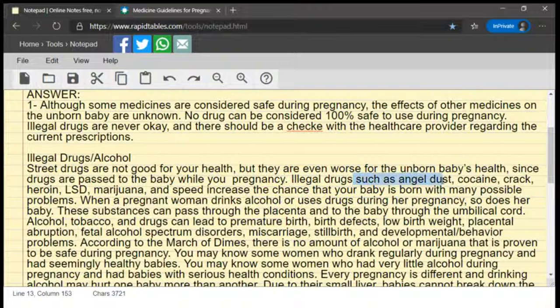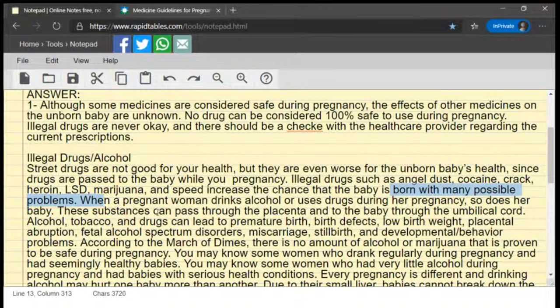Illegal drugs such as cocaine, crack, heroin, LSD, marijuana, and speed increase the chance that the baby is born with many possible problems.